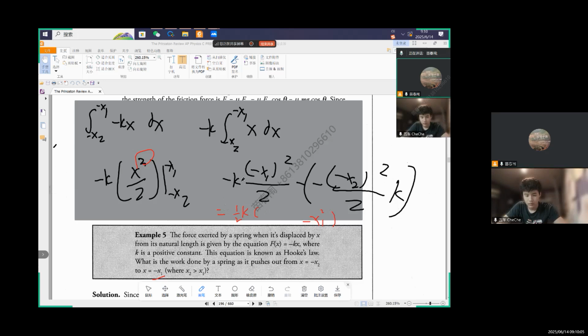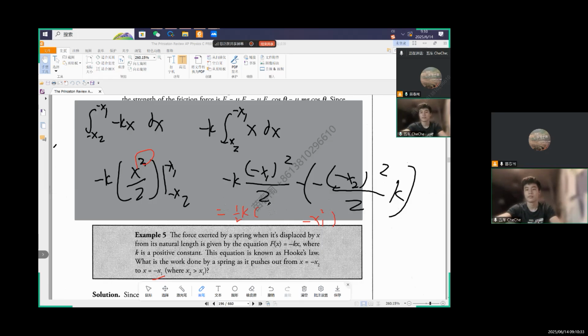This is negative. That one is positive. Wait, let me think about this. Minus x1 squared, I get it. In that case, you can just get rid of the negative side. I prefer just to copy it so I don't make a mistake.